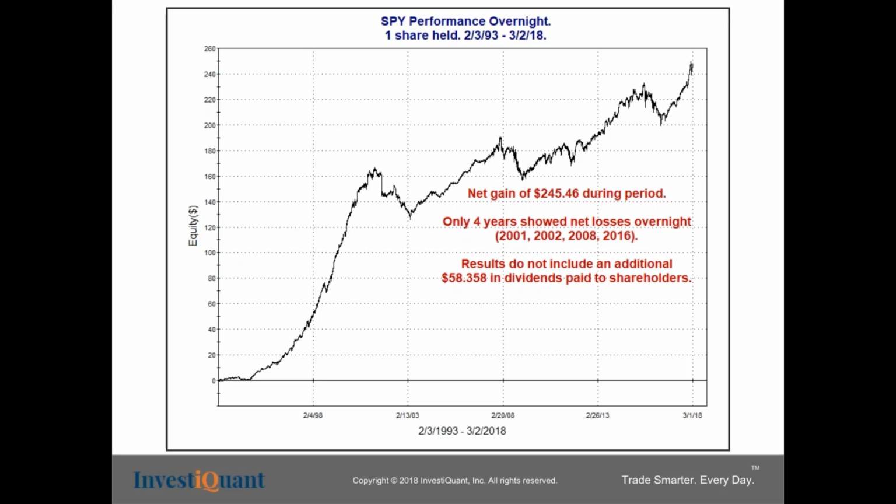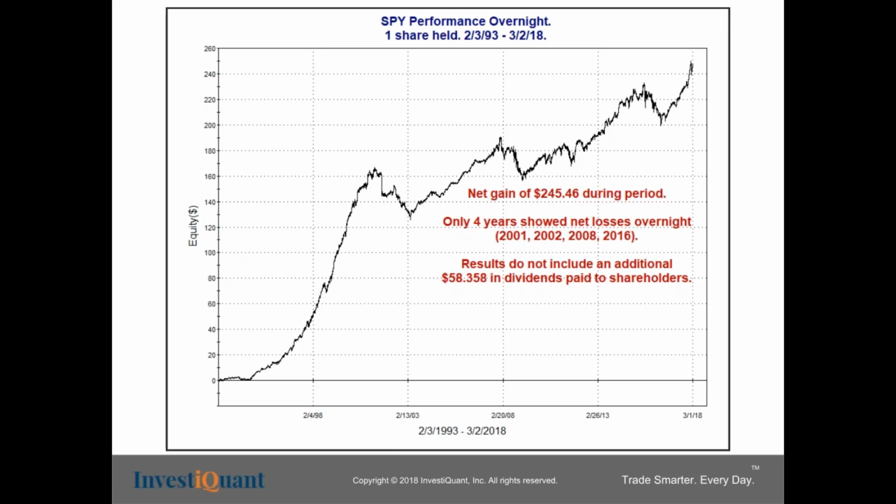There were only brief dips in the 2000 and 2002 bear market and the 2008 bear market, and then there was a dip in 2016 as we had some unusual overnight activity that year as well. Those were the only years where we didn't see net gains.